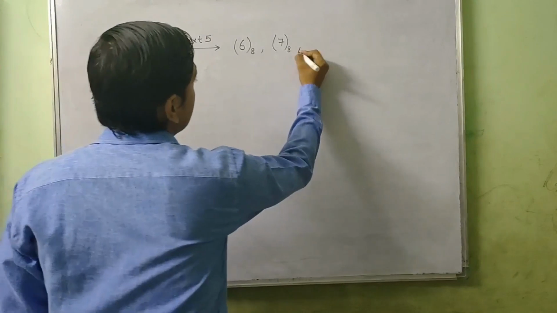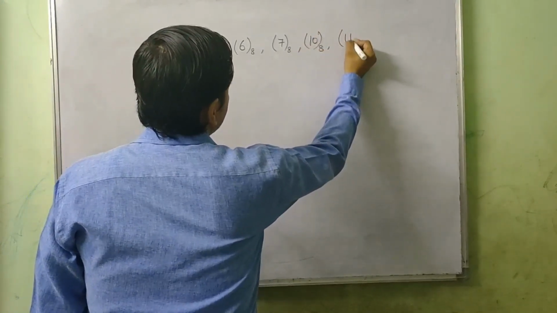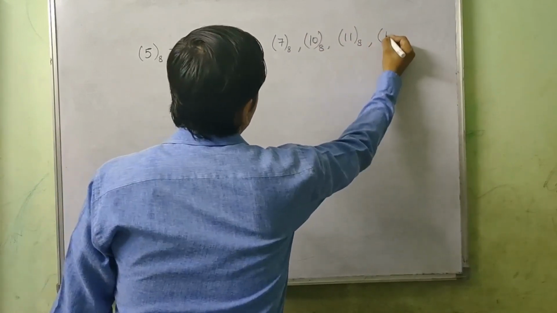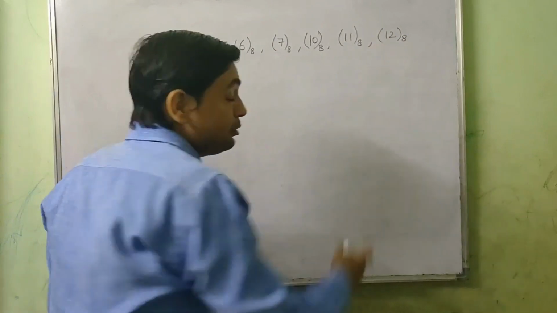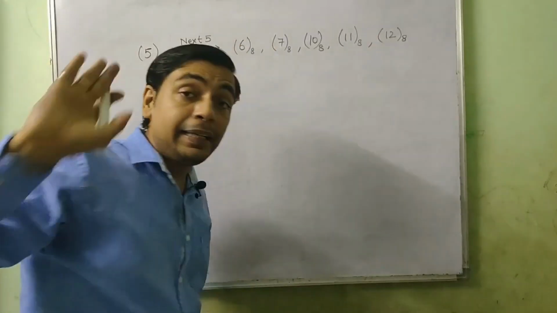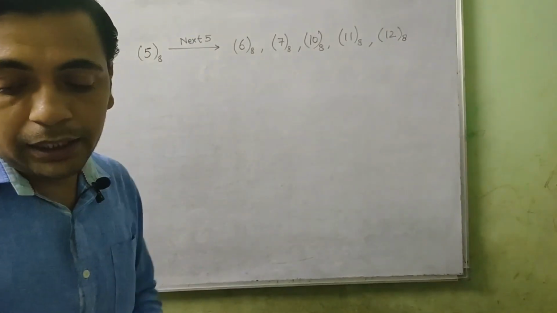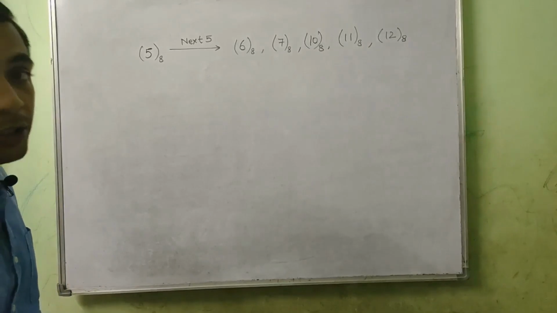So after 7 in octal, it will be 10, then 11, and of course then 12. And it's not ten, eleven and twelve, because we are working in octal. It is ten, eleven and twelve in the decimal number system only. Okay, so these are the next 5 numbers of 5 in the octal number system.